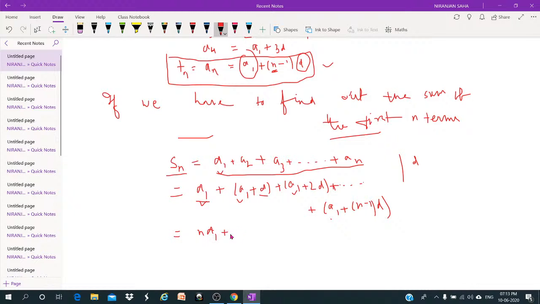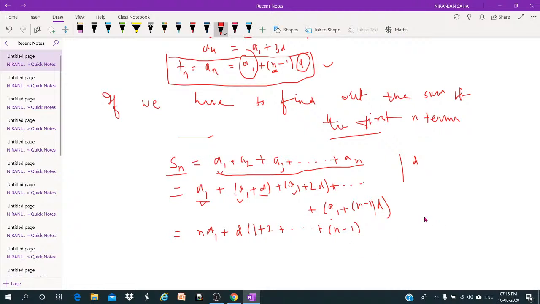And here if you take d common, then we will get 1 plus 2 plus dot dot dot plus n minus 1.